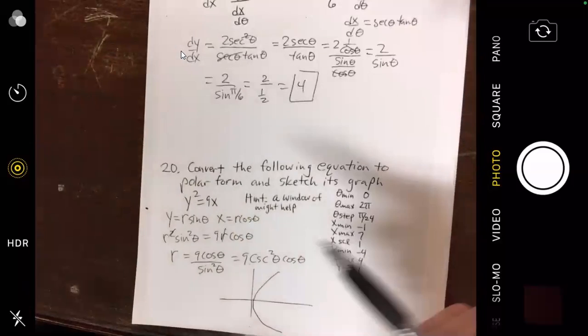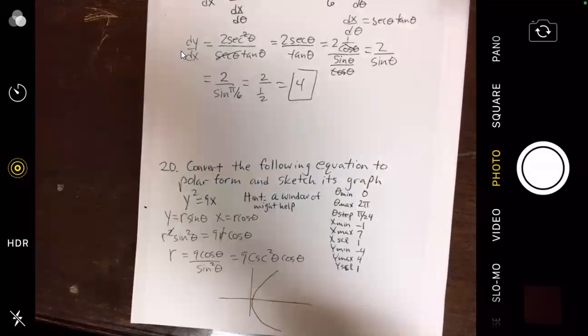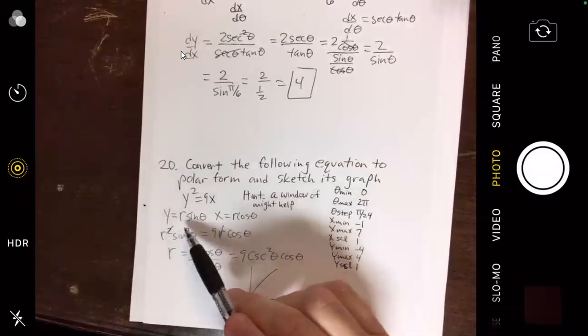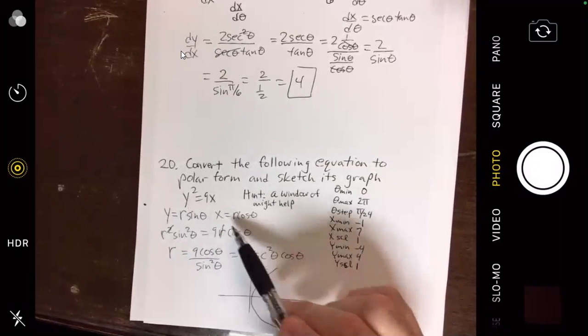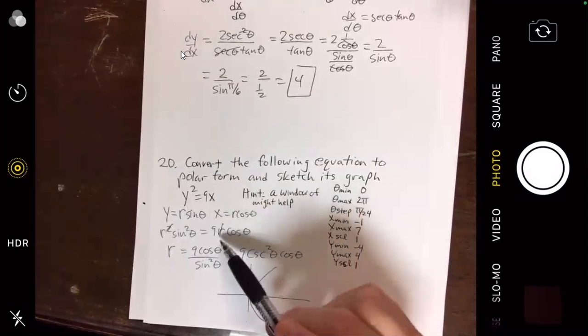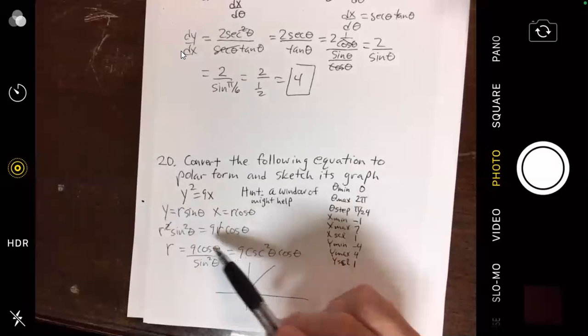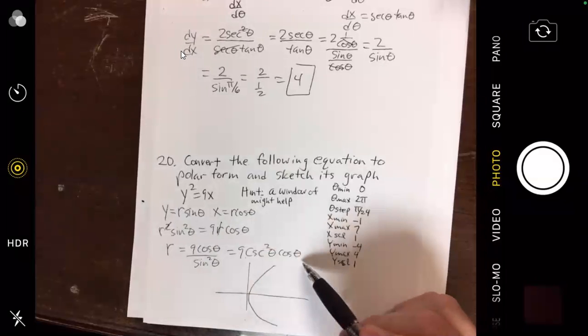Finally, number 20, convert this equation to polar form and sketch its graph. y equals r sine theta, x equals r cosine theta. So I'm putting in r squared sine squared theta here, 9r cosine. Solving for r, one of the r's cancels, and I get r is 9 cosine over sine squared, which winds up being 9 cosecant squared times cosine.